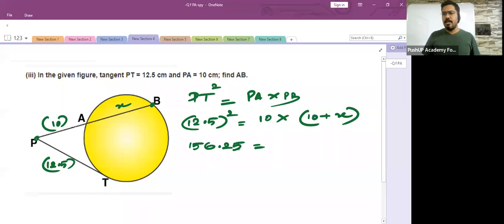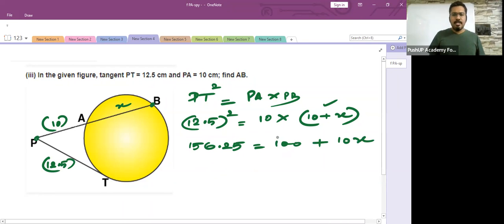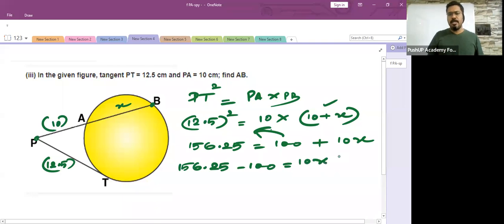156.25. That is equal to, when you open this bracket, 10 into 10 will become 100 plus 10 into X will become 10X. Now let's bring this 100 from the right to the left side. So you get 156.25 minus 100, which is equal to 10X. Right?